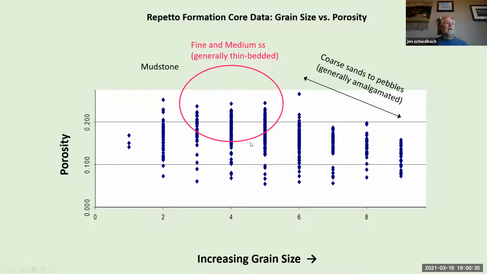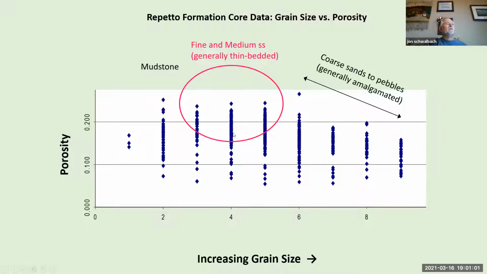So we can look at the statistics for some of this. What you see plotted here is porosity on the y-axis going from 0 to 20%, and then increasing grain size on the x-axis. And so we'll ignore the mudstones for now, but the fine and medium grain sandstones are here in the pink.